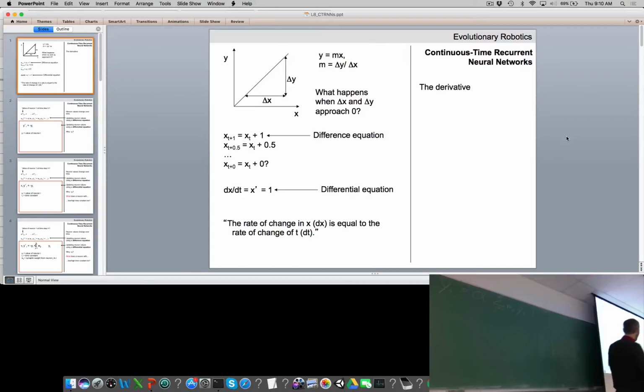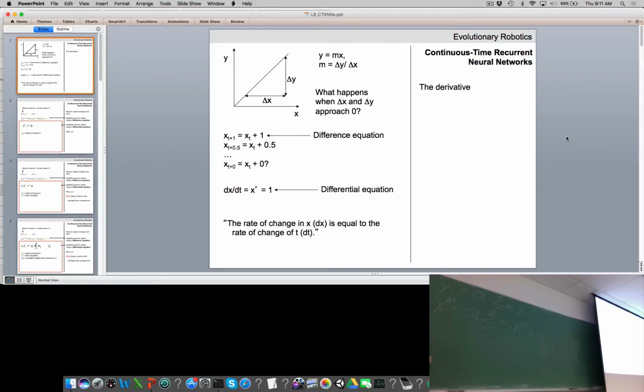Okay, so what we've actually seen for our neural networks so far is a difference equation, right? The new value of this neuron, neuron i at time t, is equal to the influence of the other neurons on it at, sorry, let me change my notation here.